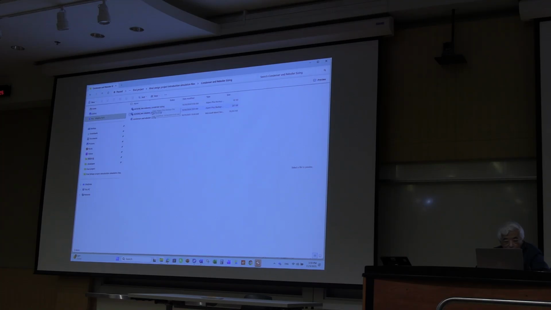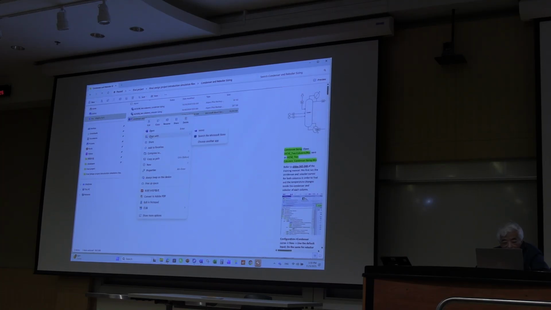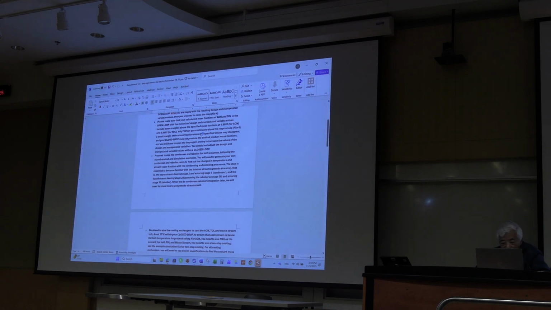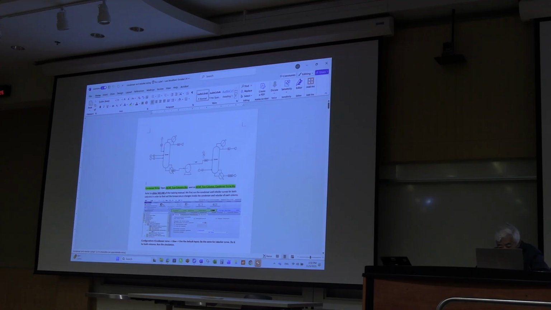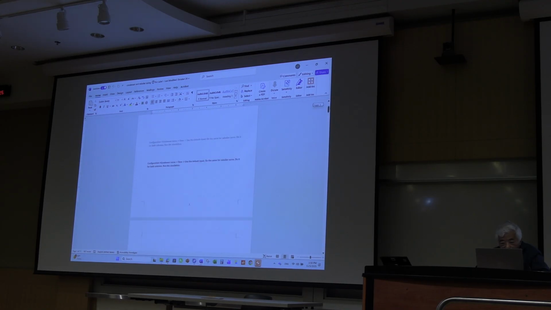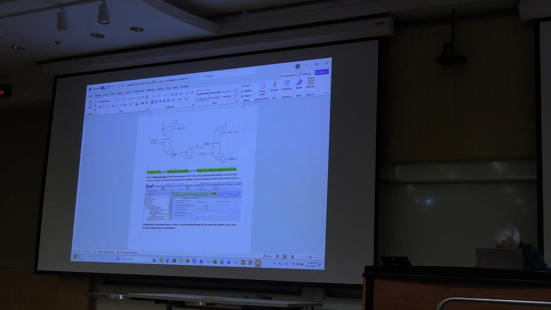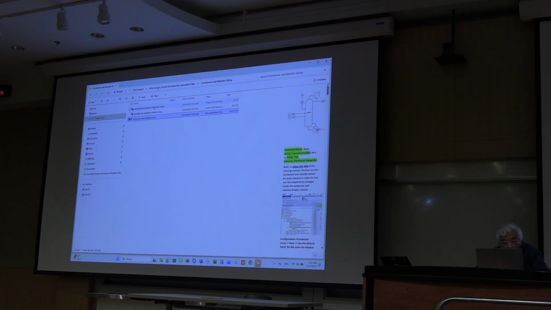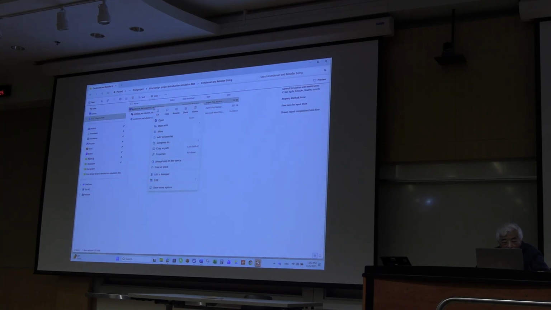Condenser sizing, reboiler sizing. There is a complete handout here, step by step. I will just show you one example. So, let's see. Condenser sizing. Open.